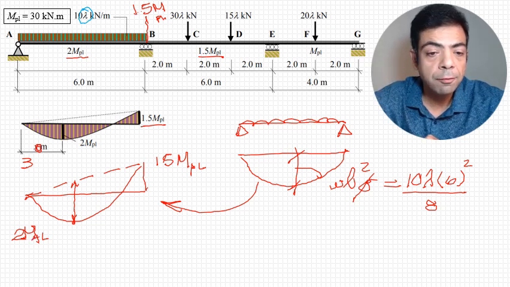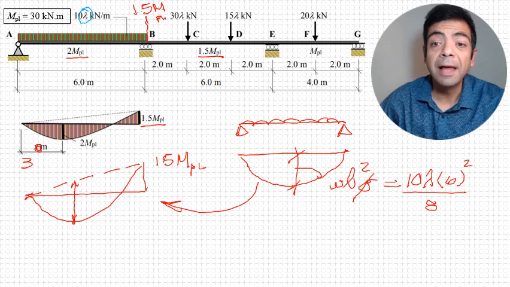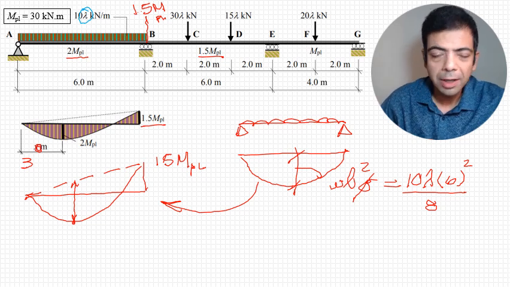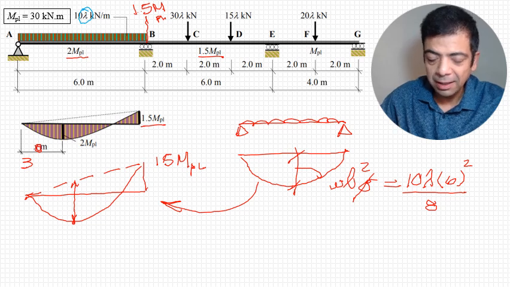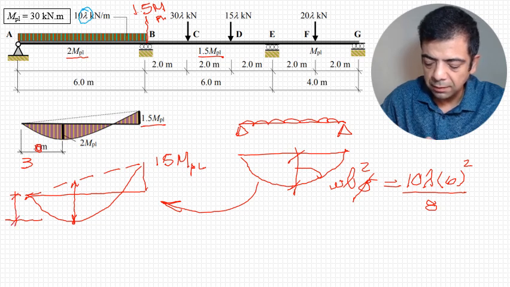Now, if we want to figure out how much is lambda, we're going to have to use the static method. What is the static method? Here it comes. Look, what is this distance? This distance is 2 M plastic.